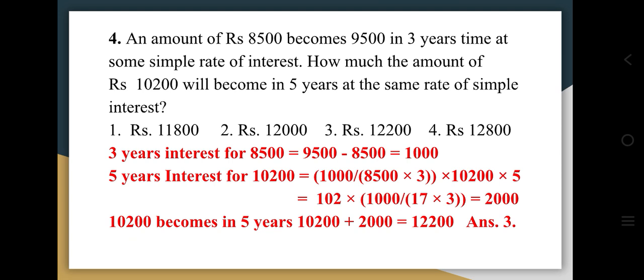That is, in 8,500 we have 85 hundreds. So if we divide numerator and denominator by 500, it becomes 2 by 17 into 3.